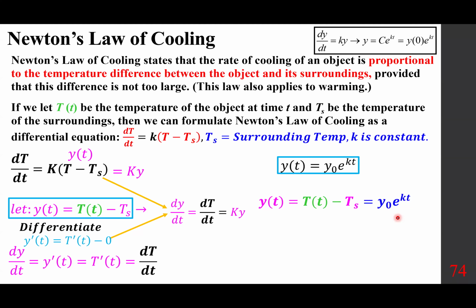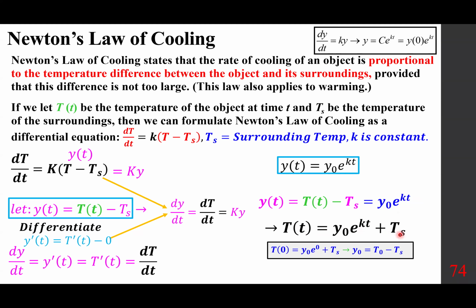And so if that is the case, I can move this to the right and make it negative becomes positive and say capital T of t is y sub 0 e to the power of kt plus T sub S. And if you plug in 0, T of 0 becomes y sub 0 e to the power of 0 plus T sub S. Please understand this e to the power of 0 is 1.